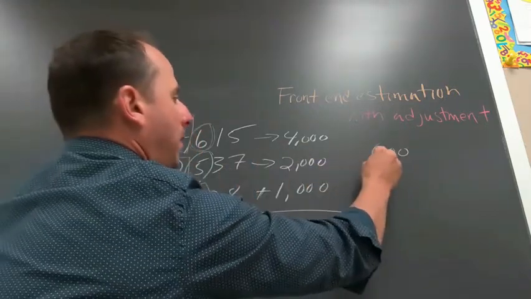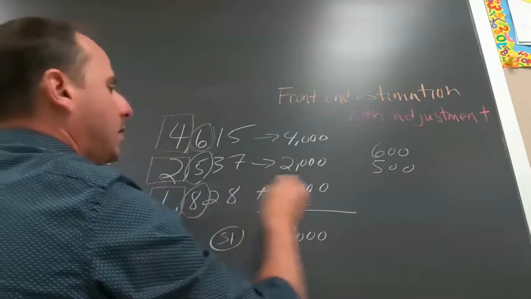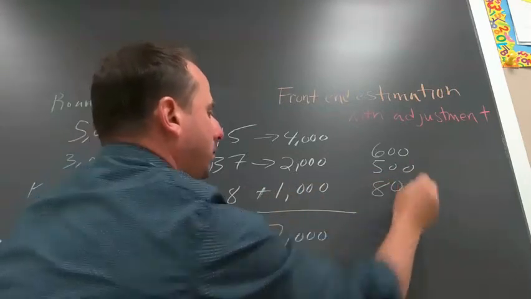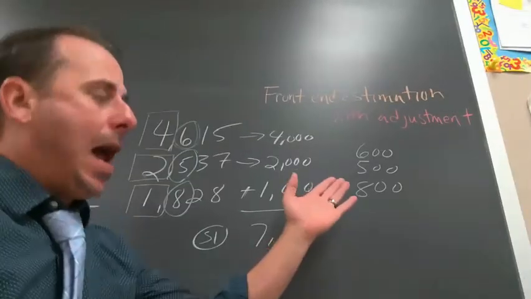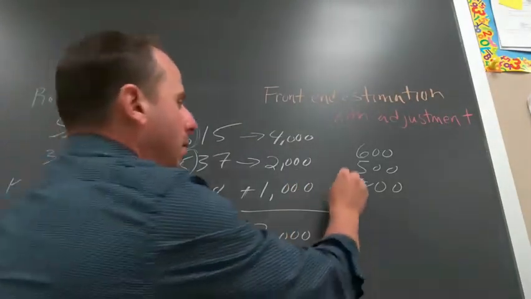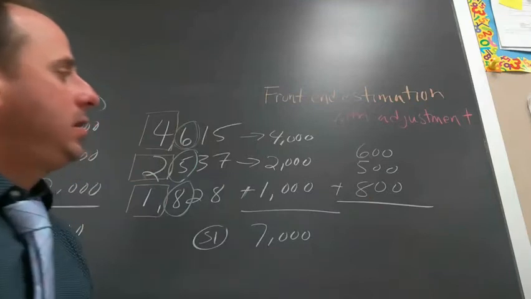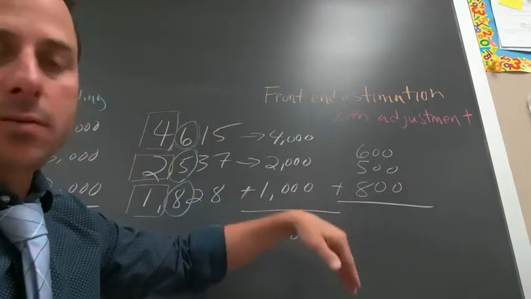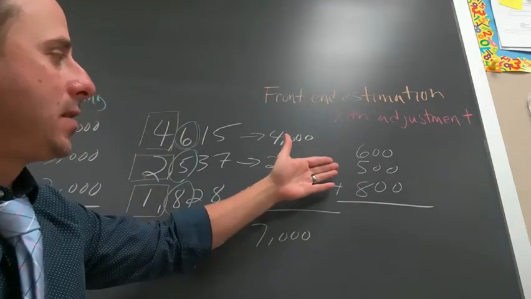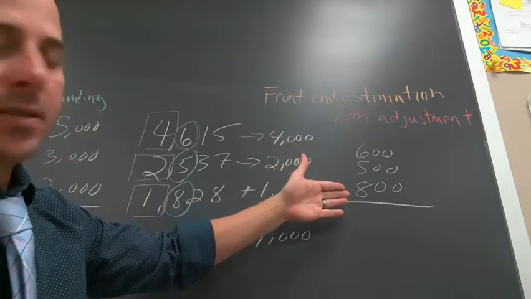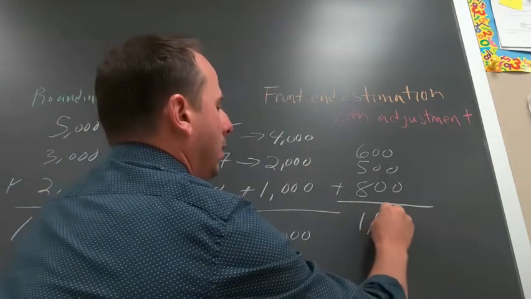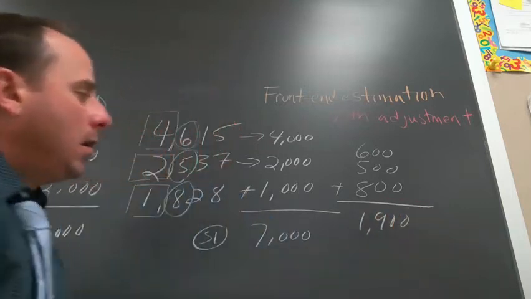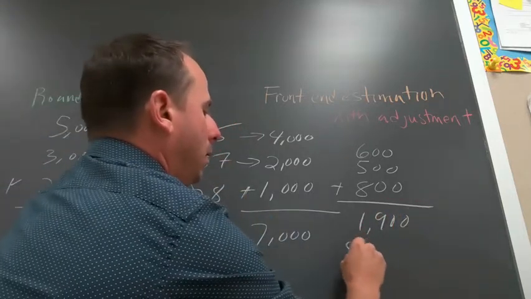This is going to become 500. And this is going to become 800. So step two is going to be add these three numbers. So 600 plus 500 is 1,100, and then plus another 800 is 1,900. That's step two.